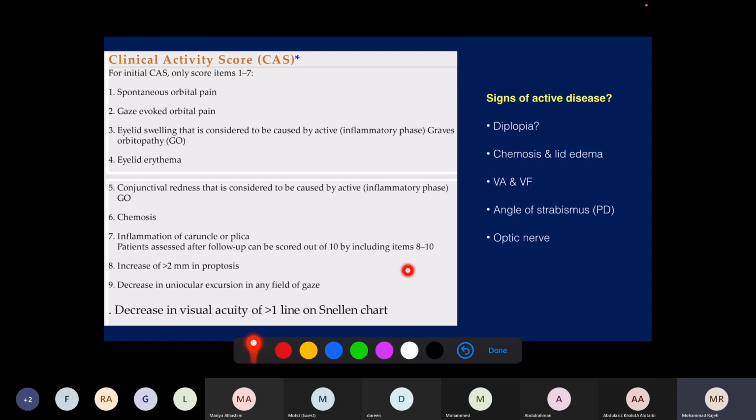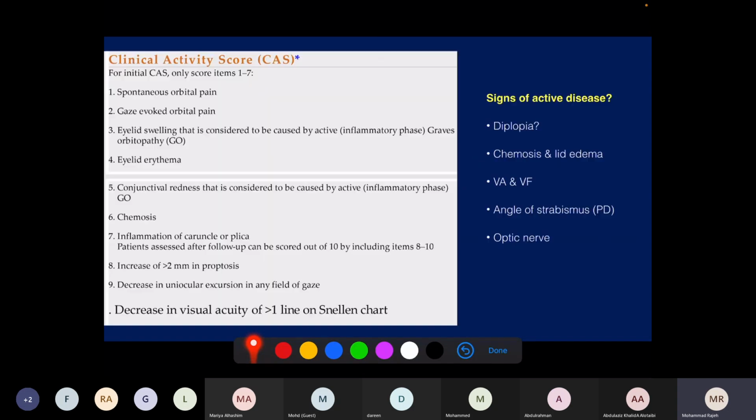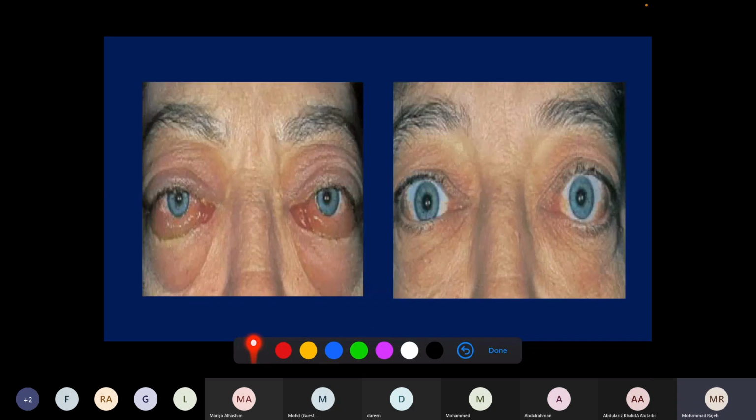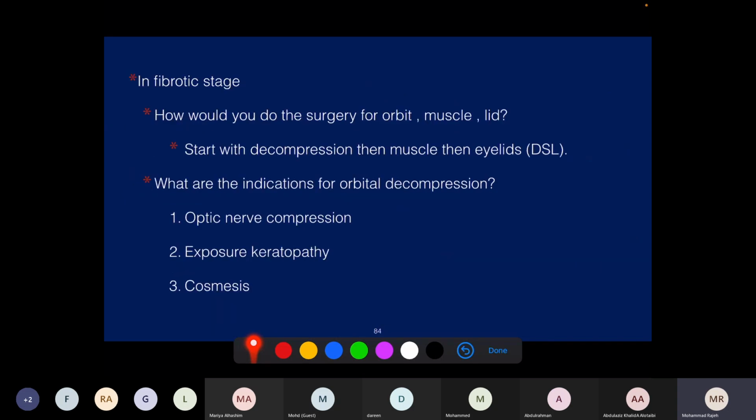All of this is signs of activity. Okay, the popular scenarios are straightforward like this one, or optic neuropathy, or exposure keratopathy with microbial keratitis. These scenarios that you should know. Usually these three scenarios come in the oral exam.